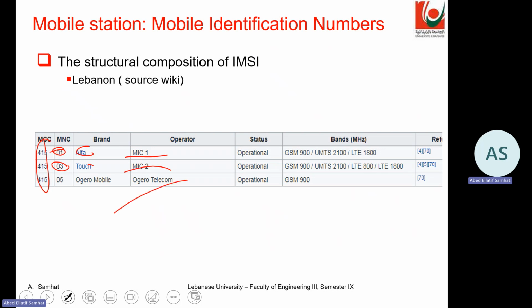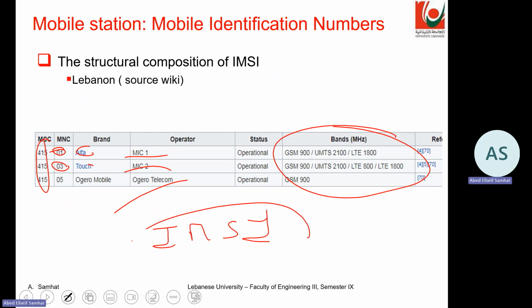We also have Ogero listed as one of the operators, and we use those codes for the different mobile networks, whether GSM, UMTS, or even LTE. So as we said, the International Mobile Subscriber Identity is a very important identity, but it's not the phone number. It's the identity.